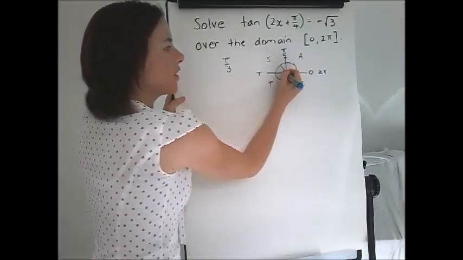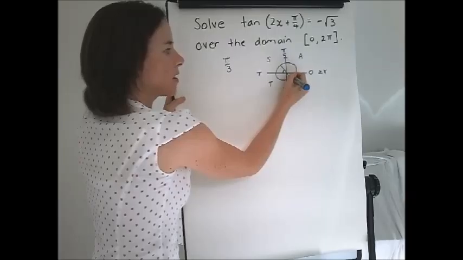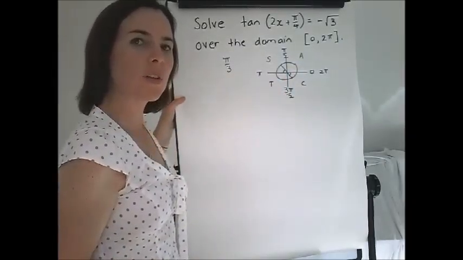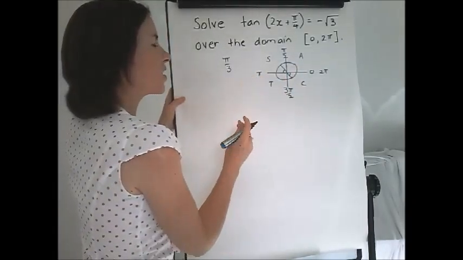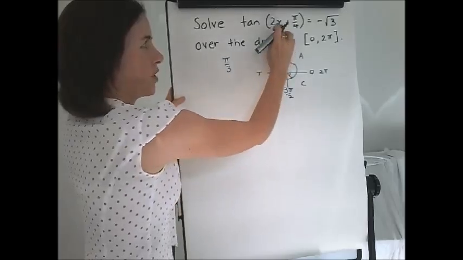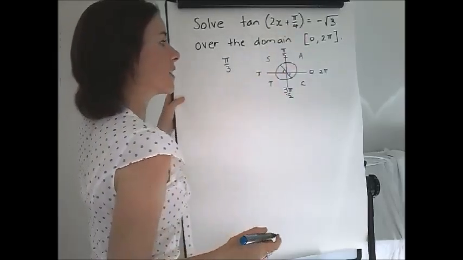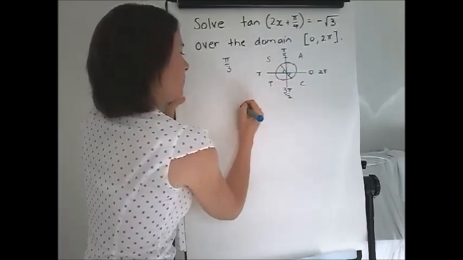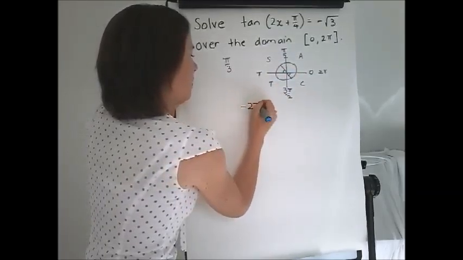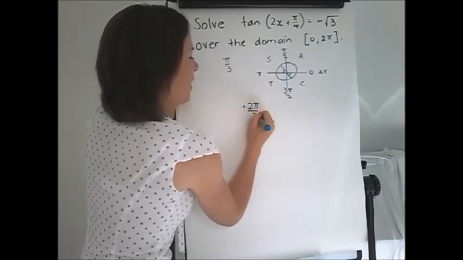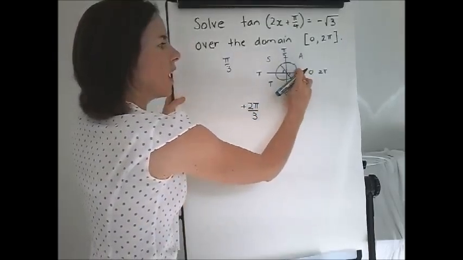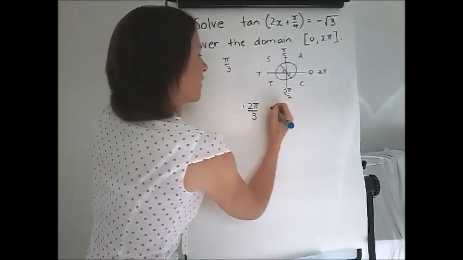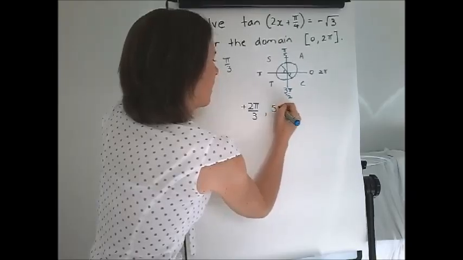So if we're pi over 3 away from the horizontal in those two quadrants, the values of 2x plus pi on 4 that we're considering are pi minus pi on 3, which is 2 pi on 3, and 2 pi minus pi on 3, which is 5 pi on 3.